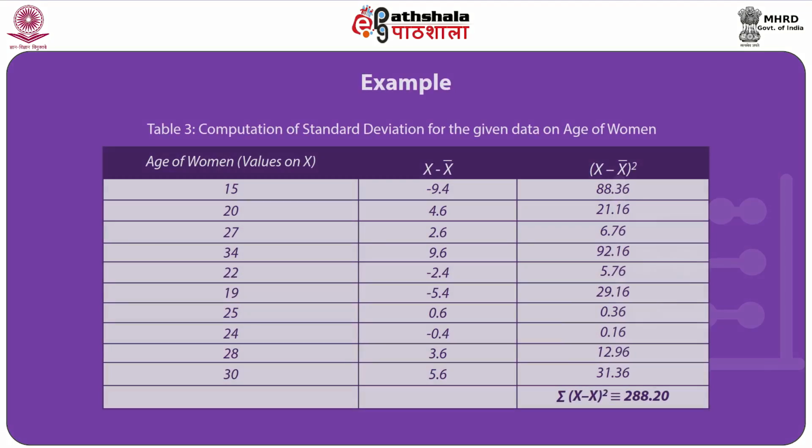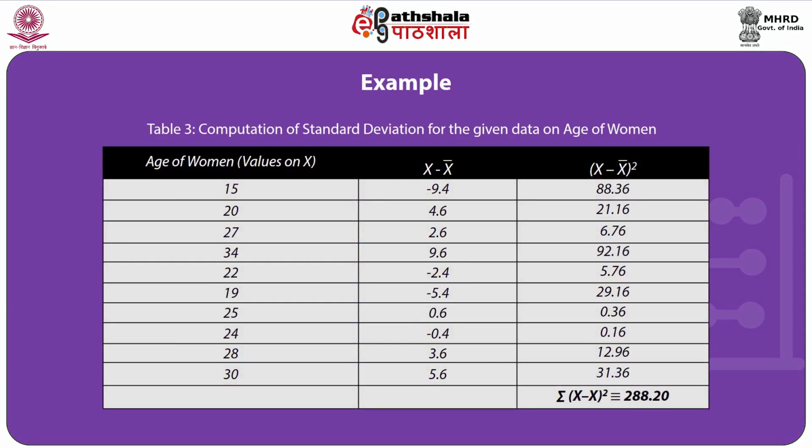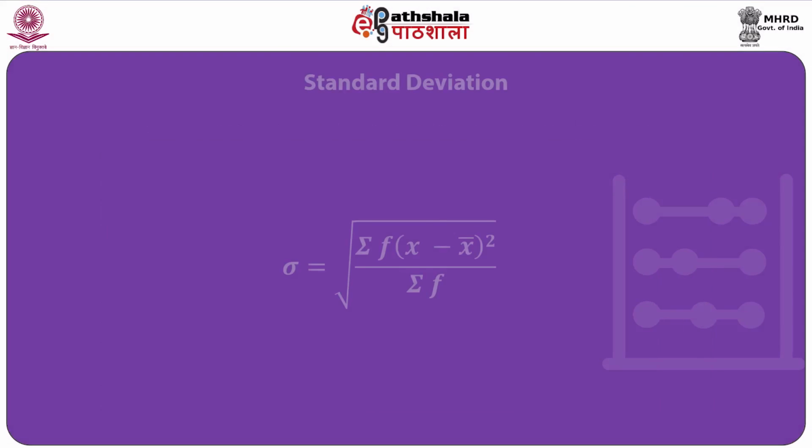In the case of data on frequency distribution, the standard deviation is computed with the formula as given below. Sigma is equal to the square root of sigma f (x minus x bar) whole square divided by sigma f, where f is the frequency of each value of x, x minus x bar is the deviation from mean for each value of x, and sigma f is the total number of frequency of the sample.